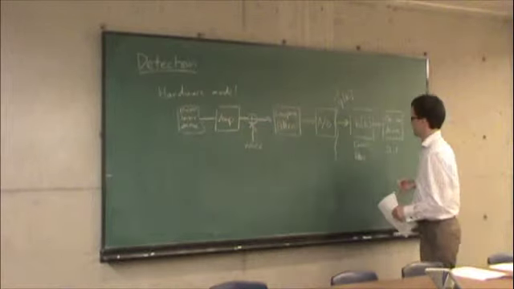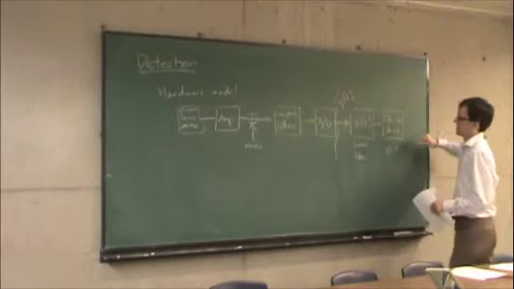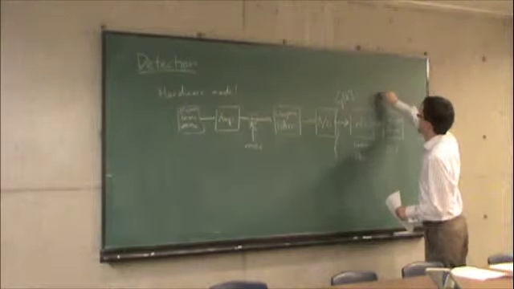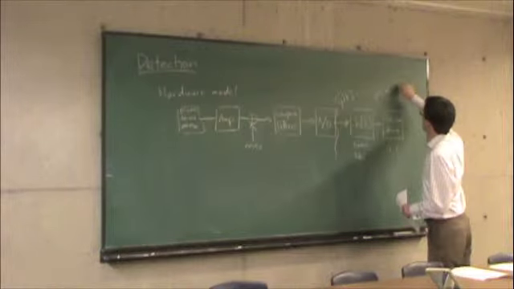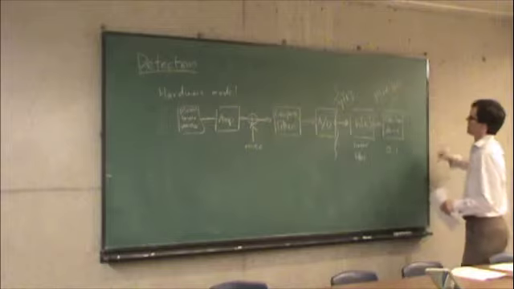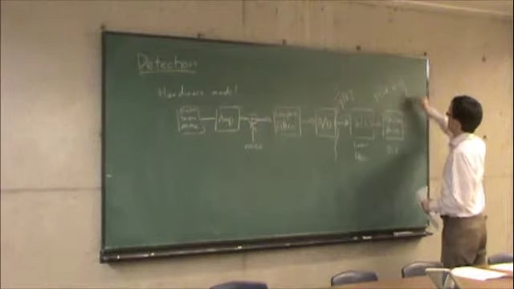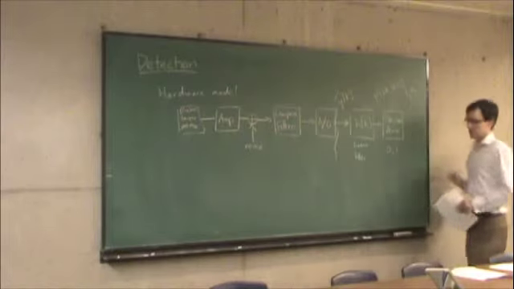This gets passed through the linear filter. Conventionally, we convolve y of k and h of k, and then we examine it at multiples of the sample time.